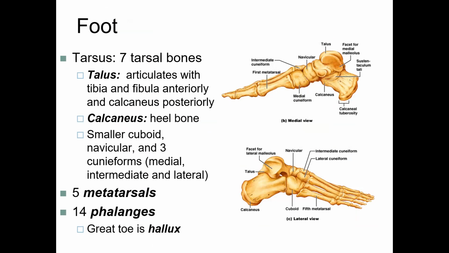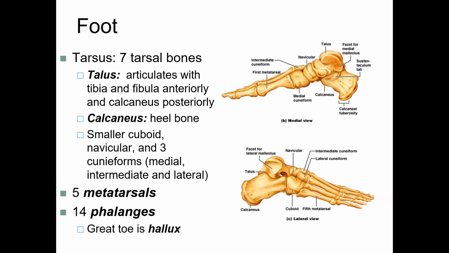Now let's talk about the ankle joints and the other foot bones. Obviously, the ankle bones are going to form joints with the tibia and fibula, right? So it mentions that there are 7 tarsal bones in the foot. Remember, the tarsal bones are the equivalent of the carpal bones. Tarsal bones are for the foot, and the carpal bones are, of course, for the wrist.